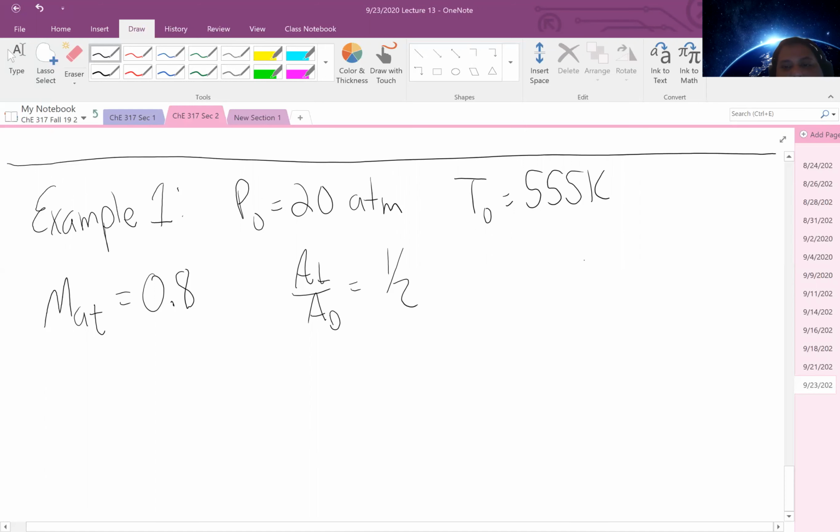And so what we're looking for is the pressure of the throat, temperature, velocity, density, and mass velocity.